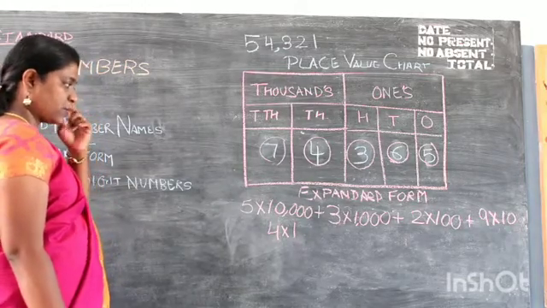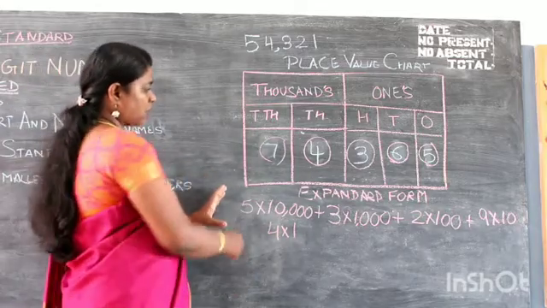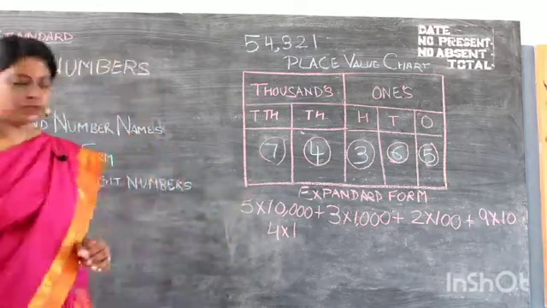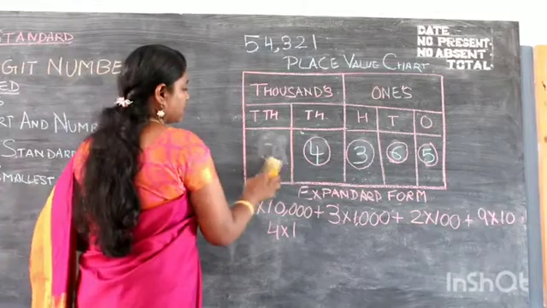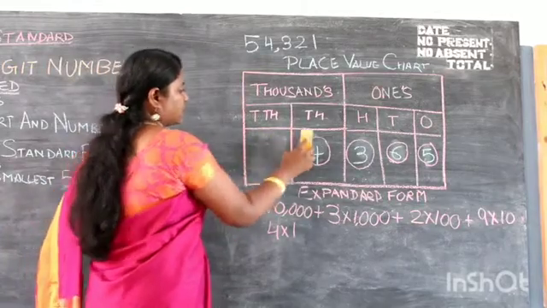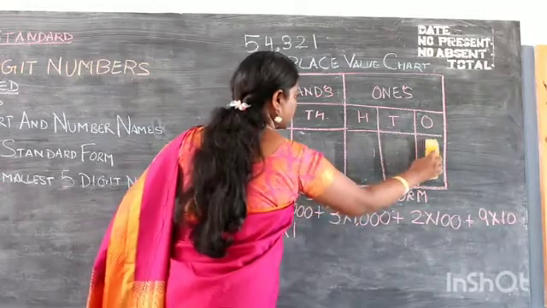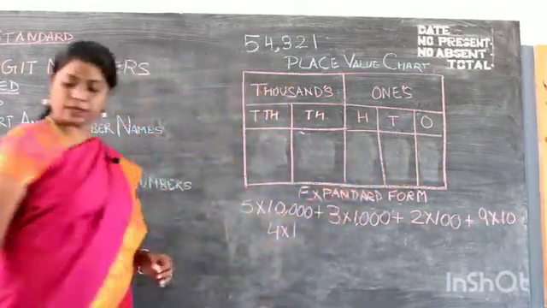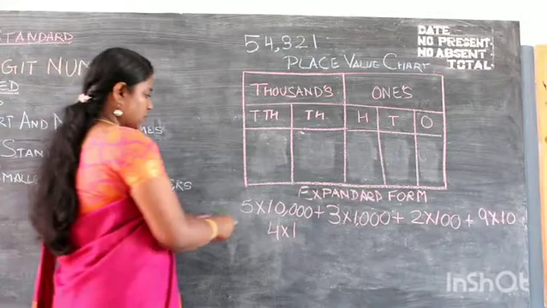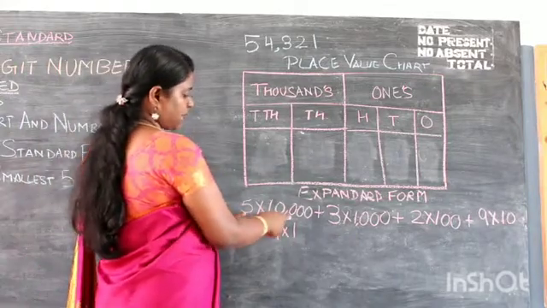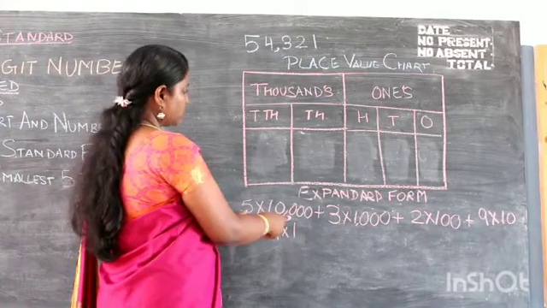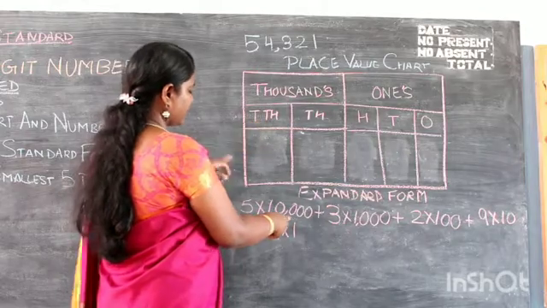Okay, see children, now I want you to write this in the place value chart first. Now your 5 is multiplied with 10,000, so the 5 will come in 10,000 place.